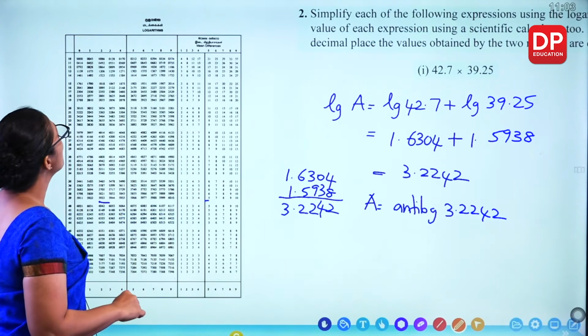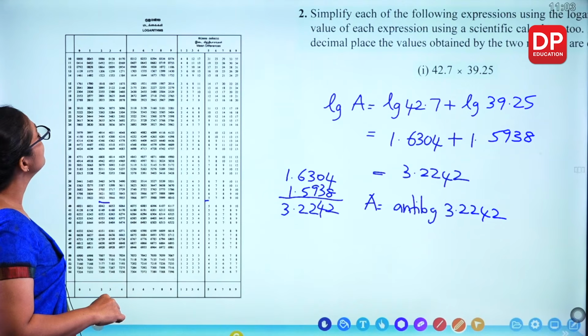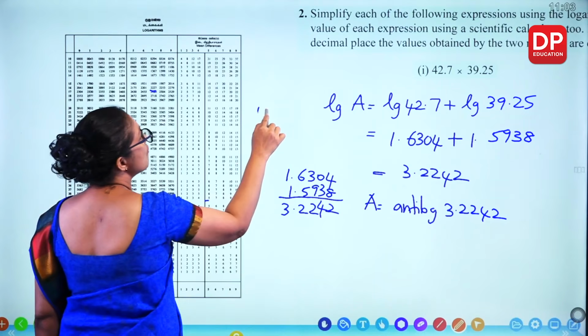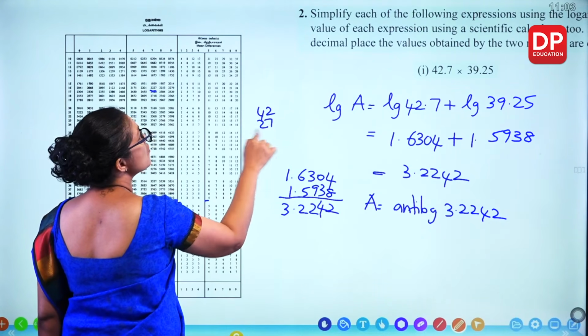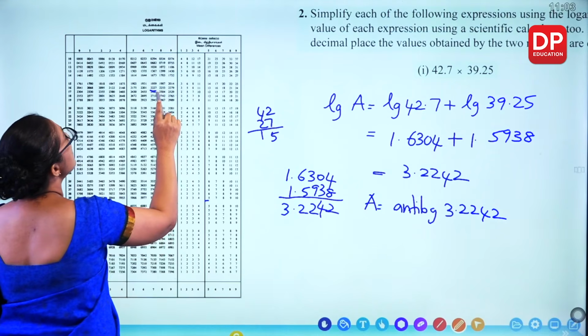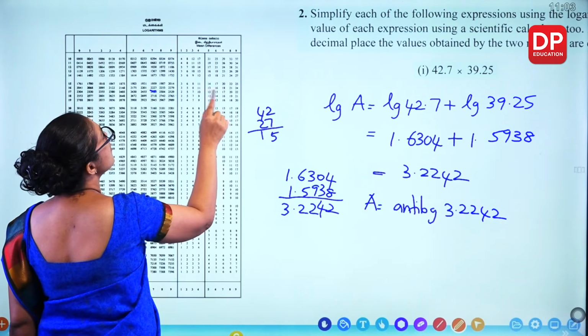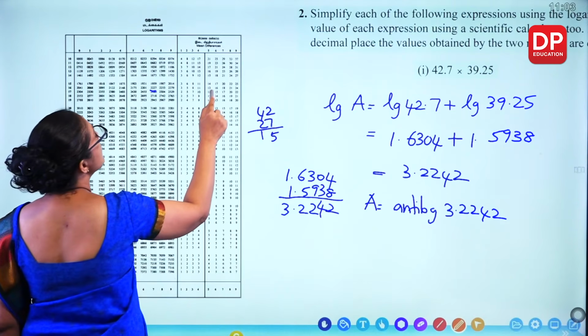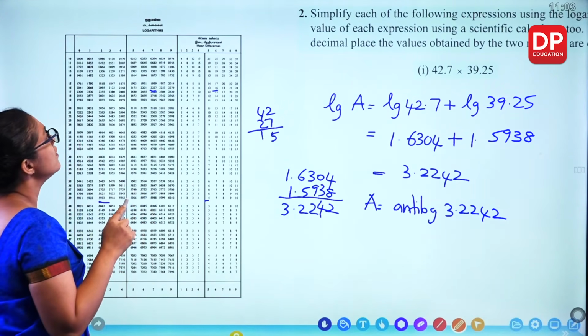2242 from this value. 27 is there. 42 minus 27, you need another 15. Another 15, closest is 16. Take the highest value.